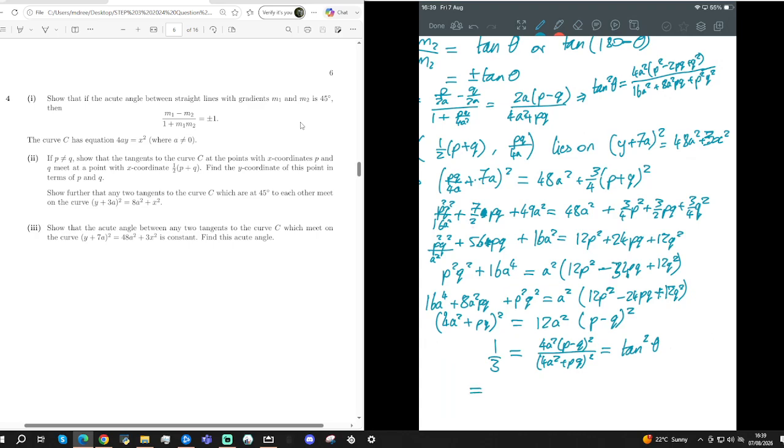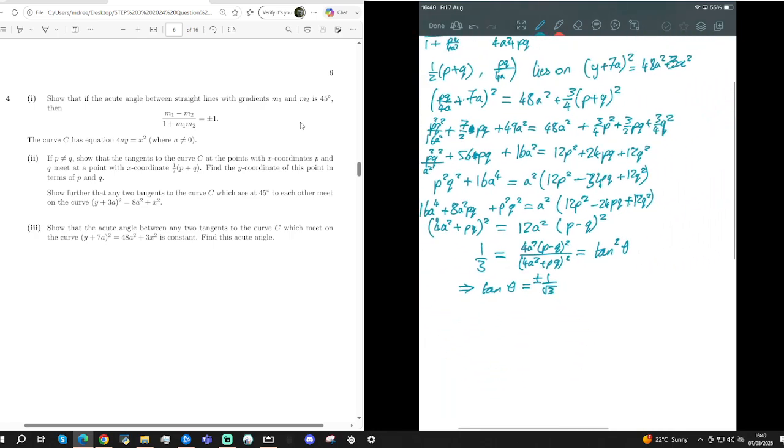So that means that tan of the angle between is plus or minus 1 over root 3. So therefore the angle between the tangents is tan inverse of 1 over root 3.